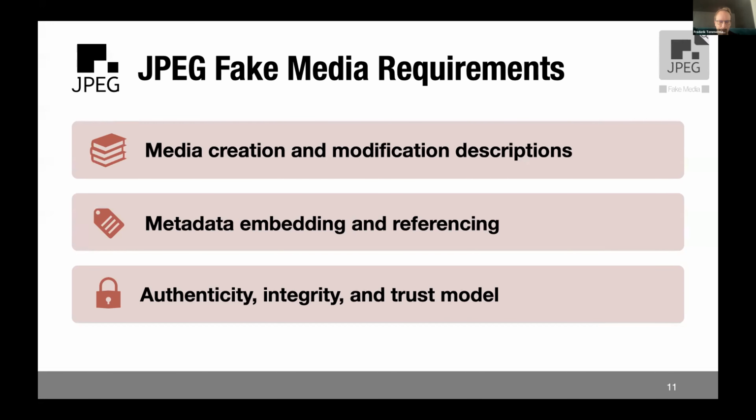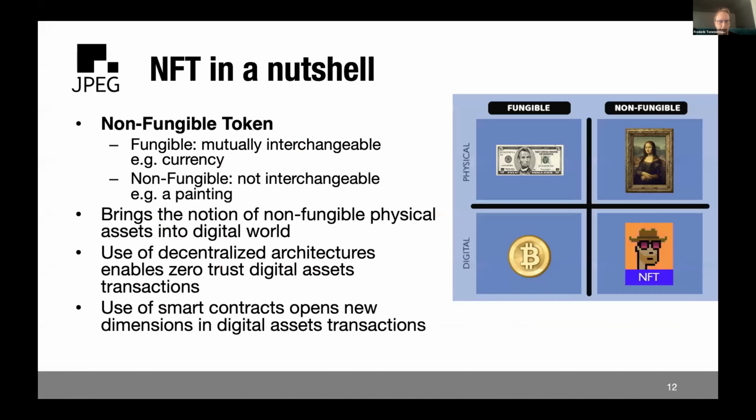So how do you link the metadata with the actual media content? And then finally, we have a set of requirements which are related to the authenticity, the integrity, and the trust model. And here again, the whole list of requirements you can find in the latest version of our document.